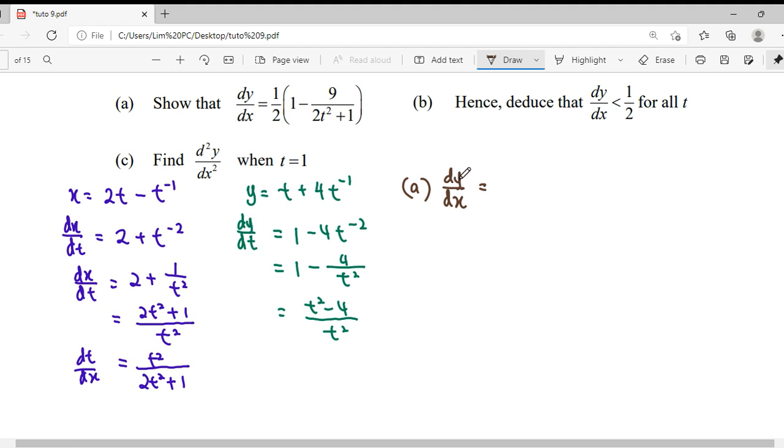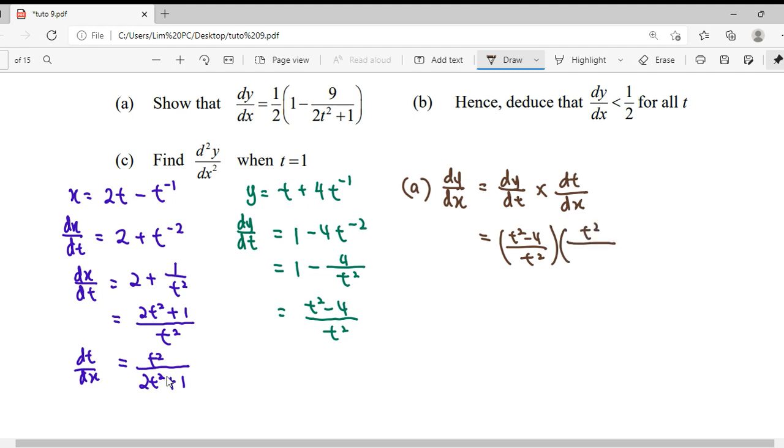When you want to differentiate y with respect to x in parametric differentiation, the formula will be dy dx equals dy dt times dt dx. So what we obtain here, we're going to plug in what is our dy dt, t squared minus 4 over t squared. And then what is our dt dx? We're going to plug in this one.